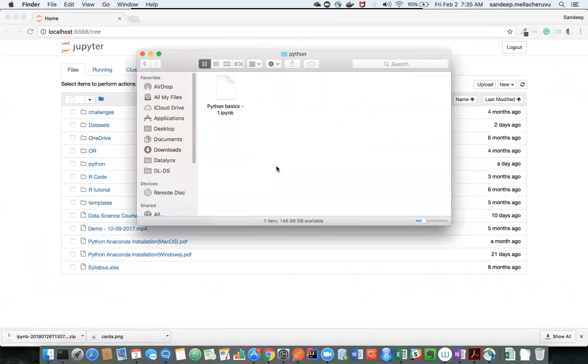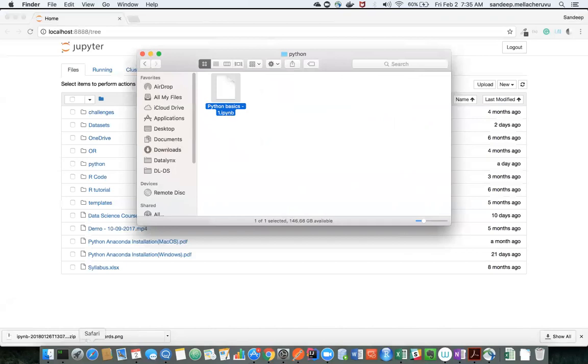Another folder will be Python. Copy this Python script into your machine in whichever location you prefer, but make it accessible to your directories. Once you do that, let me know.